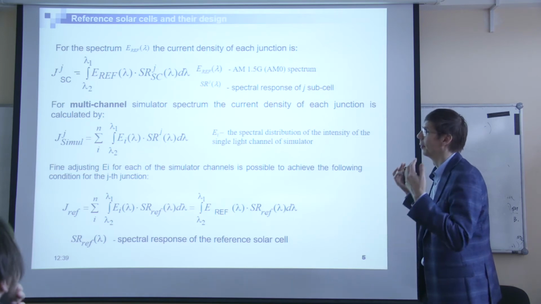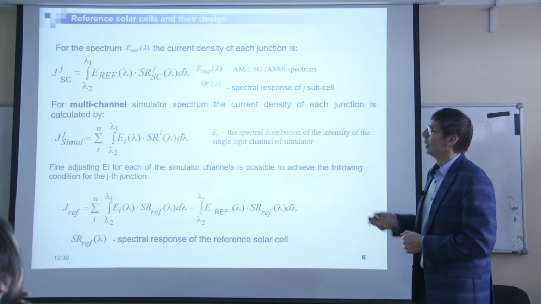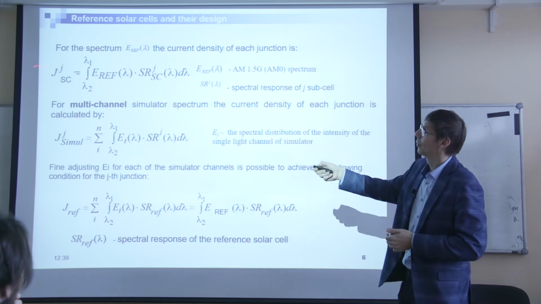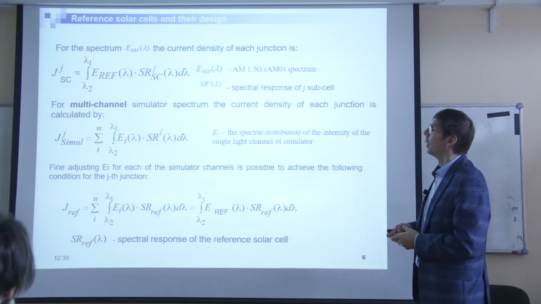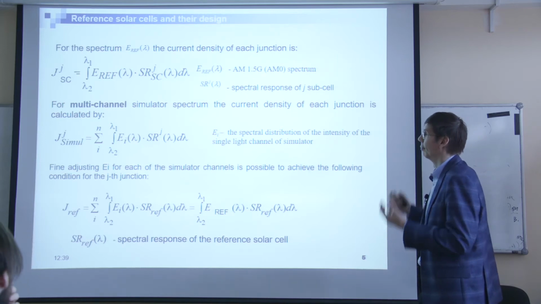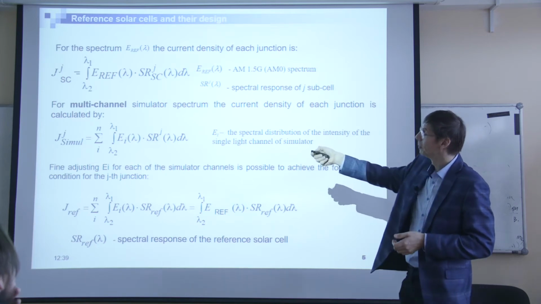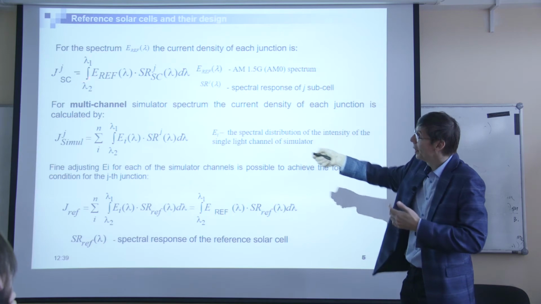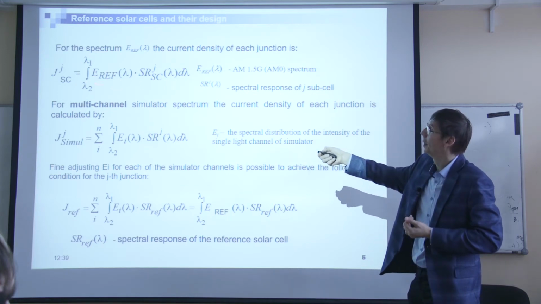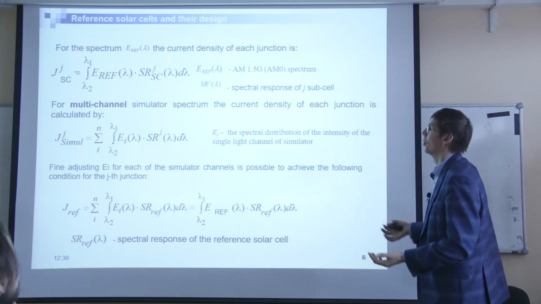For example, if you have a triple junction cell, G would be 1, 2, 3. So for each subcell, junction G, the current is determined quite simply. You have to integrate the product of the intensity of the light and the spectrum of your solar cell.